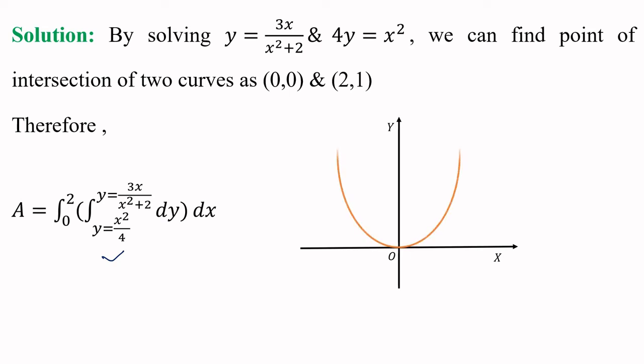First we plot the curve 4y = x², that we can say. The next curve that we have is y = 3x/(x² + 2). Clearly it passes through (0, 0), so no issue with the origin, and it will have approximately this kind of curve that we get here.